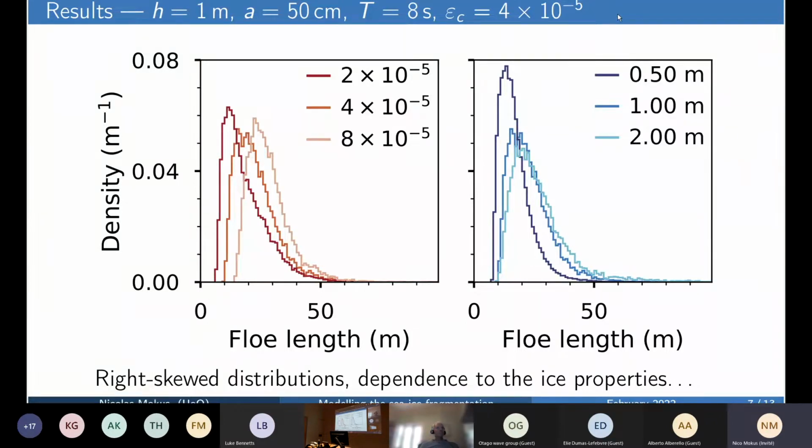The first takeaway is that all these distributions are right skewed, with a lot of smaller floes compared to the larger floes. Changing the critical strain mostly shifts the distribution and preserves its shape, while reducing the thickness leads to a relative increase of the number of smaller floes and thins the distribution tail.